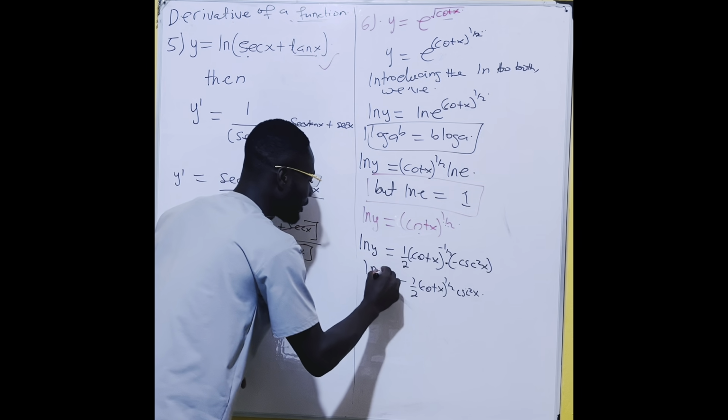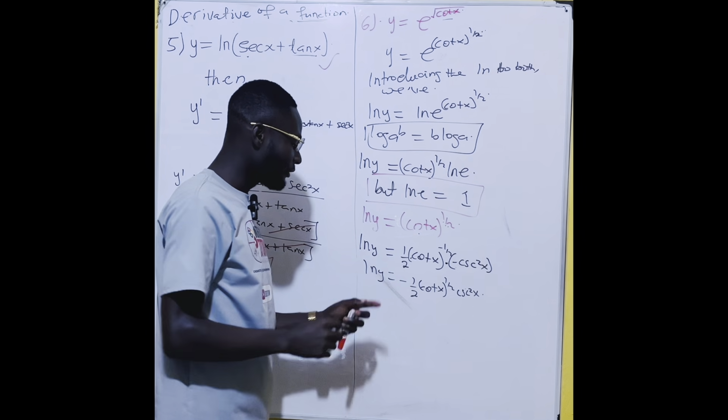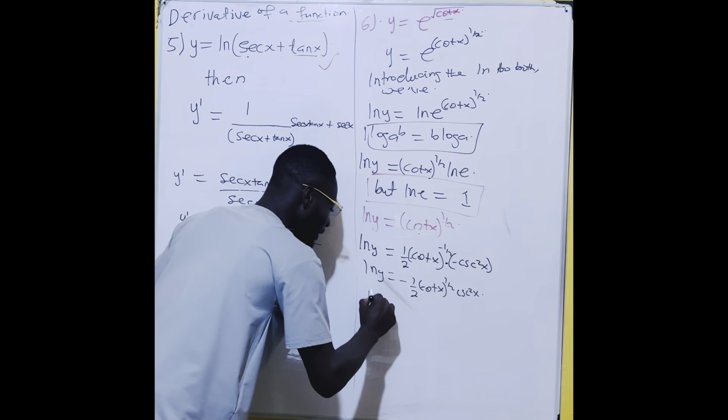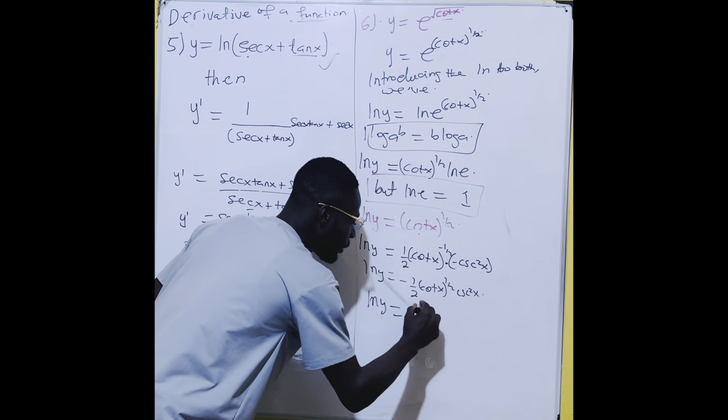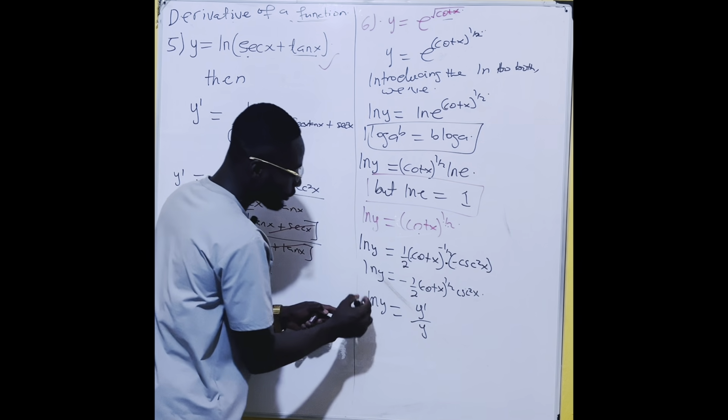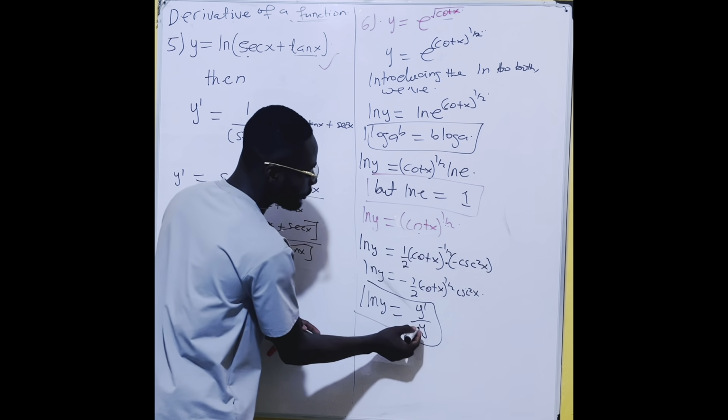So you have ln y here, and remember that the derivative of ln y is equal to y prime over y. So this is what we are going to use here.